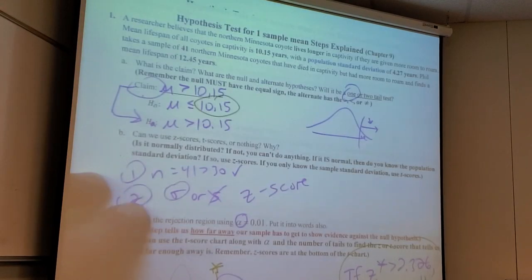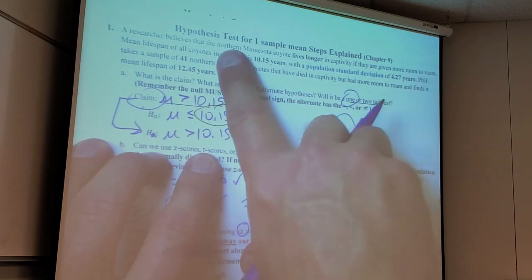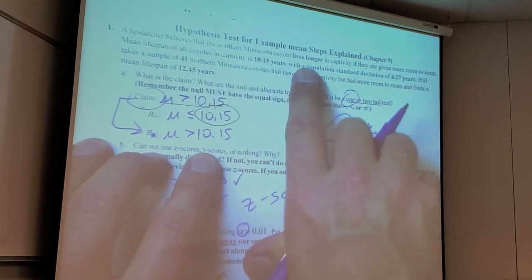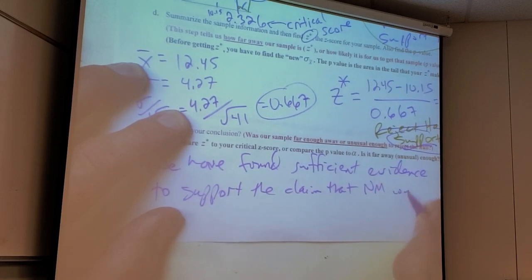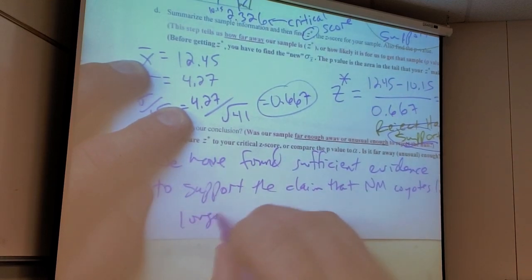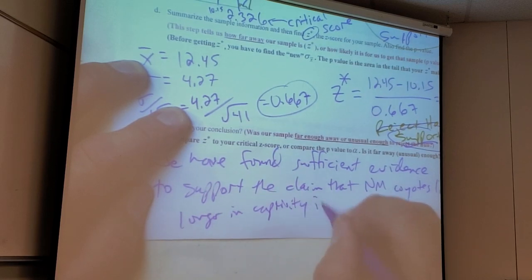There's one time you can plagiarize. What exactly is the claim? Northern Minnesota coyotes live longer if they're given more room. Okay. Northern Minnesota coyotes, that looks like New Mexico, but I don't care. Northern Minnesota coyotes live longer in captivity if given more room.